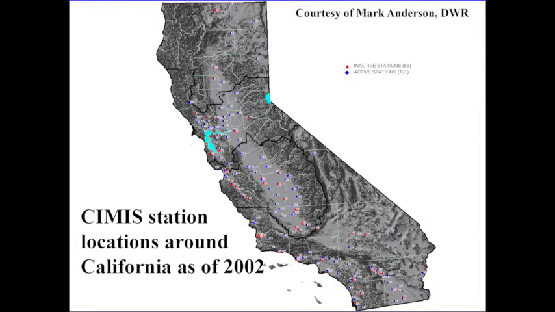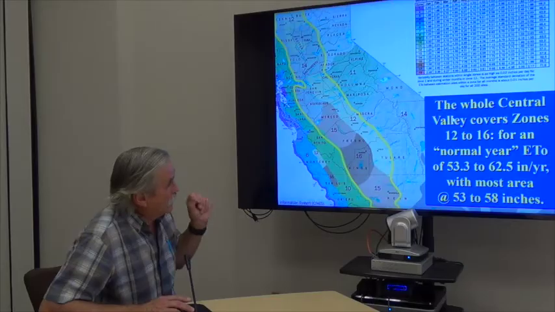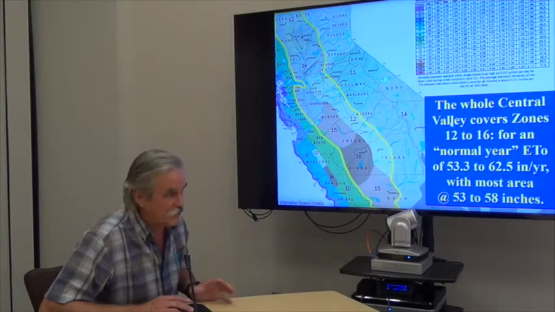There are 121 active CIMIS stations across California. There have been almost 200 at one point in time. So you are pretty close to a CIMIS station.